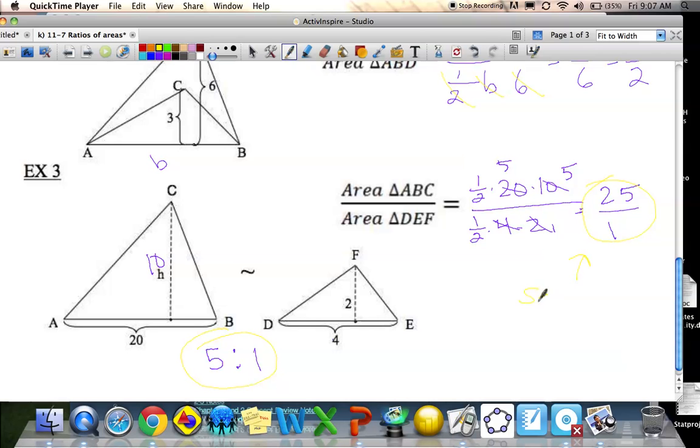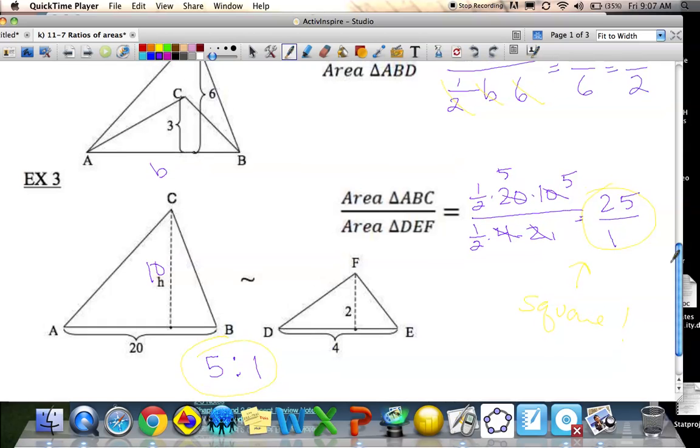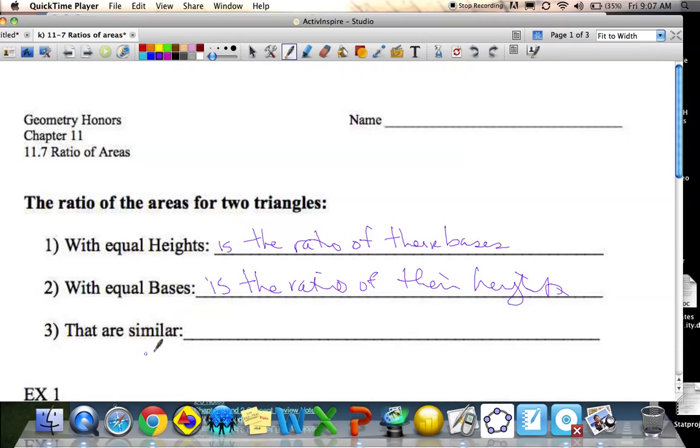This is the square. So the ratio of the areas of two triangles that are similar is the square of the scale factor.